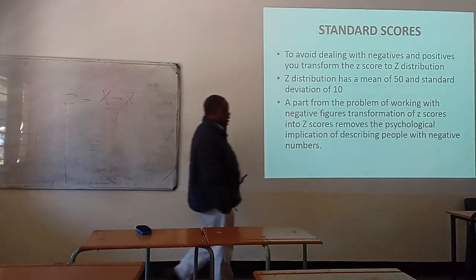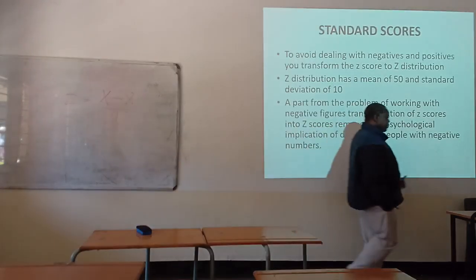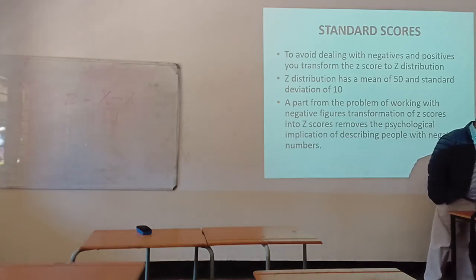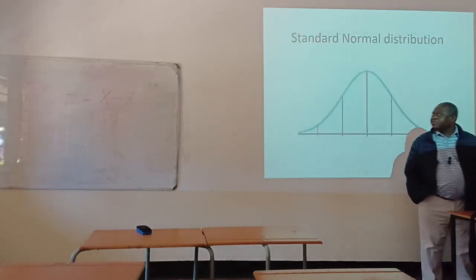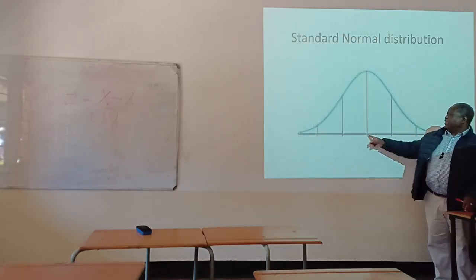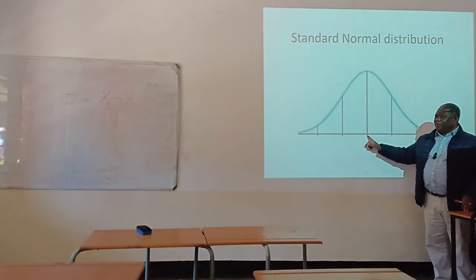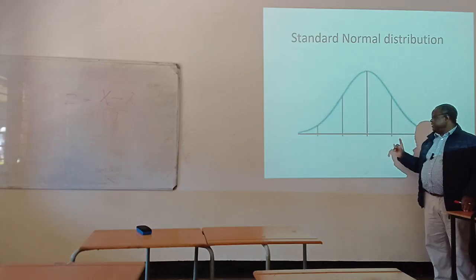So what I was talking about last time here, which is the mean, will always be 0. This, which is one standard deviation above the mean, will always be 1.